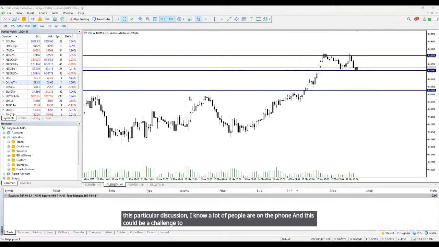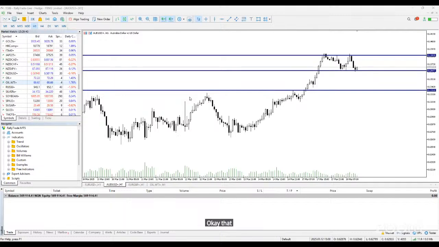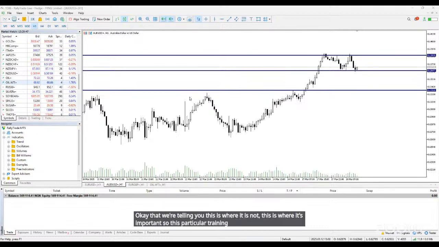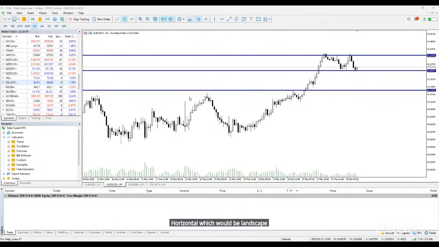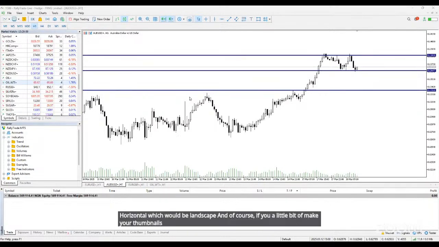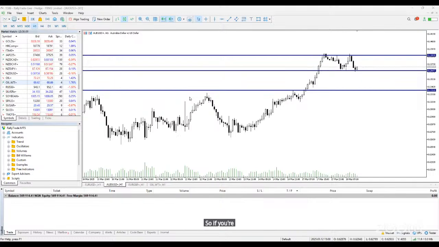But I think since you're using phone, and phone does not allow much of third-party indicators that will be telling you this is where the resistance, this is where support, this particular training is very, very important for you. And of course, if you want to do it on phone, all you need to do is to just turn your phone horizontal, which will be landscape. And of course, if you make your candles visible enough, you should be able to go to tools and be able to draw all these horizontal lines on your phone. So if you're able to do that, you are able to then predict the trend and trade accordingly.